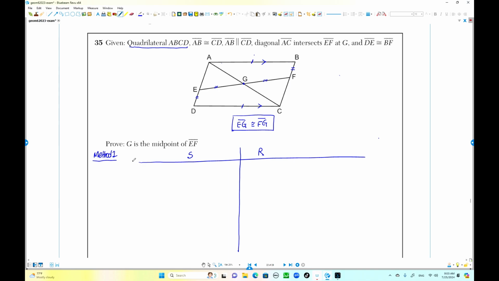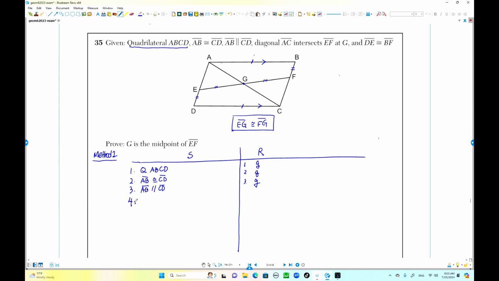First, write the given: quadrilateral ABCD, which has four sides, AB congruent to CD, and the third one, AB parallel to CD. They are all given.